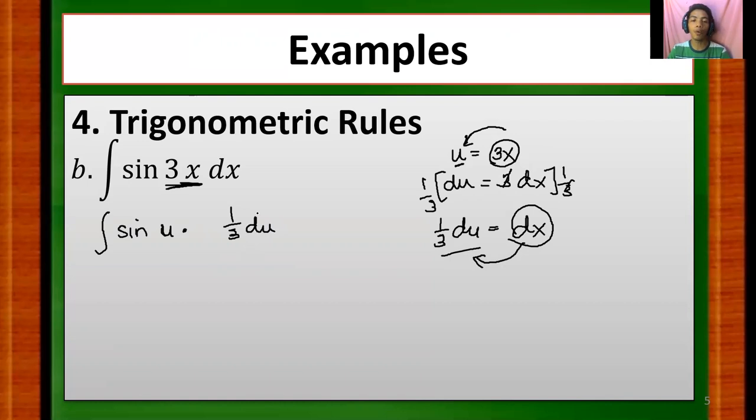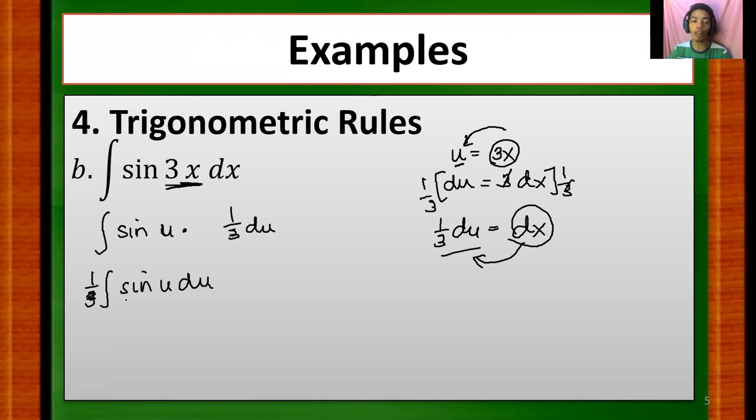Okay? So now, meron tayong numerical coefficient sa du. So ibig sabihin, tatanggalin natin siya, ililipat natin yung 1/3 dun sa labas. Okay? Kasi numerical coefficient pwede siyang ilabas. So we have 1/3 integral of sine u du.